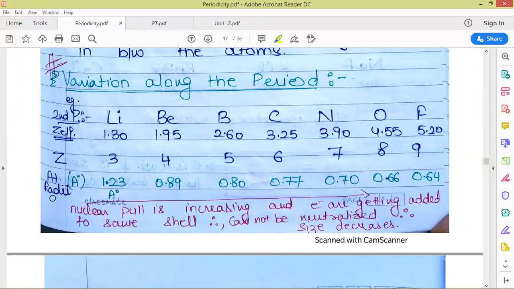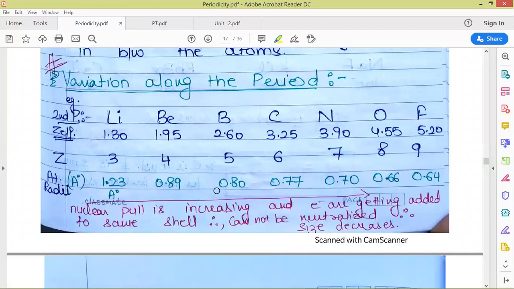This decrease is due to, as we can see here, that Z effective is increasing as we move from lithium to fluorine. So nuclear pull is increasing and electrons are getting added to the same shell, as here the filling of second shell takes place in the second period. So the electrons are entering the same shell, but nuclear pull is increasing as we move from left to right.